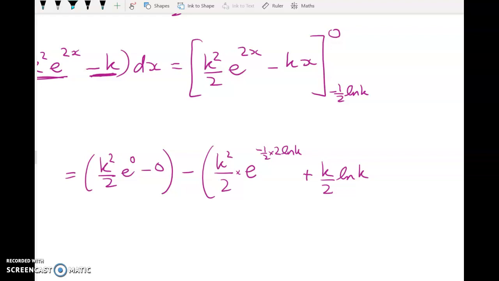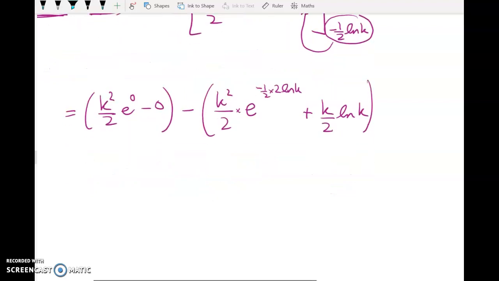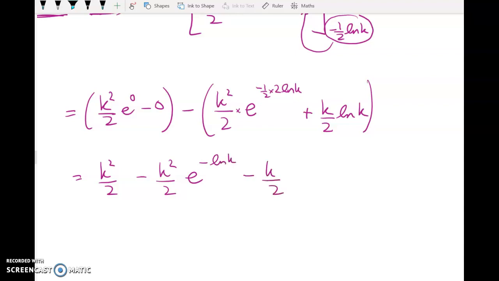Is that right? Yes, that's right. I'm just checking really carefully with my signs here. So I'm subtracting the bottom limit, and all I'm doing here is taking this and subbing it in here. That gives me k squared on 2 minus k squared on 2 e to the negative log k minus k on 2 log of k.